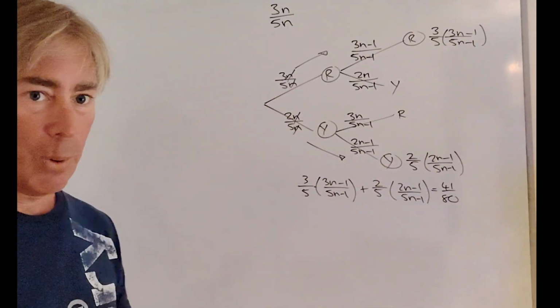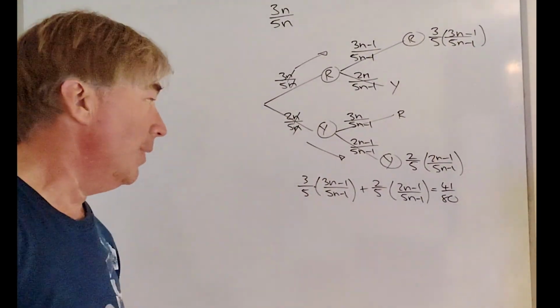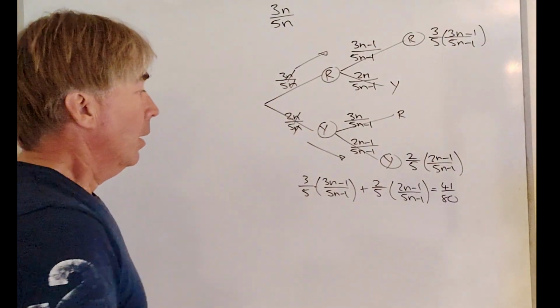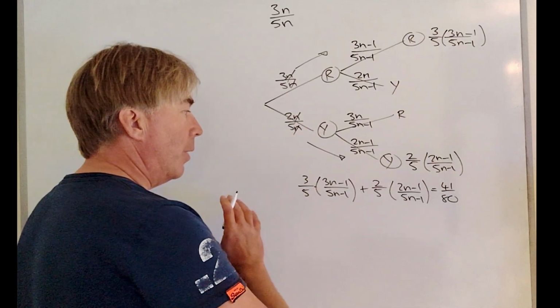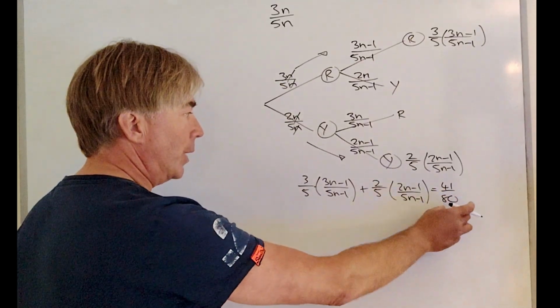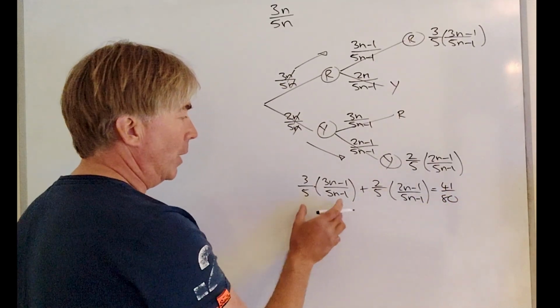So we've now formed an equation, and even now it still looks pretty unpleasant. So we can multiply throughout to get the denominator on the left hand side to 80.